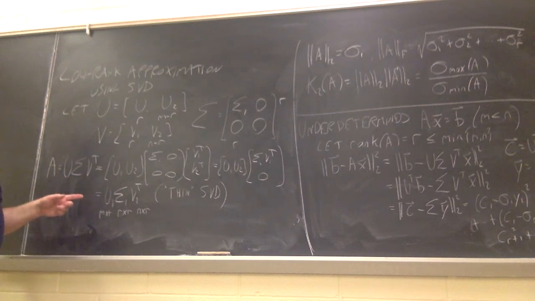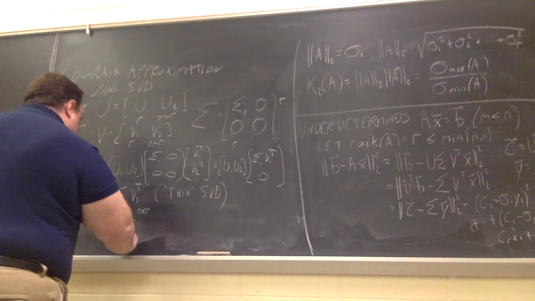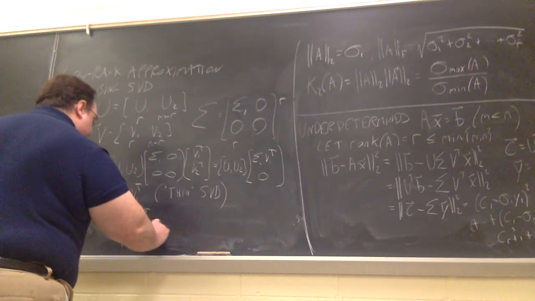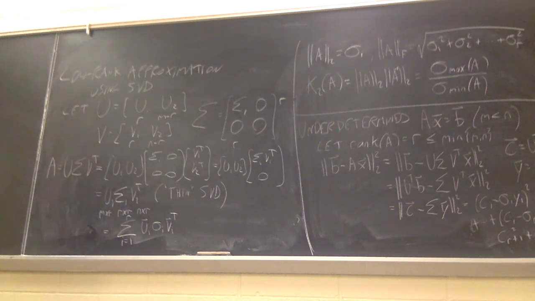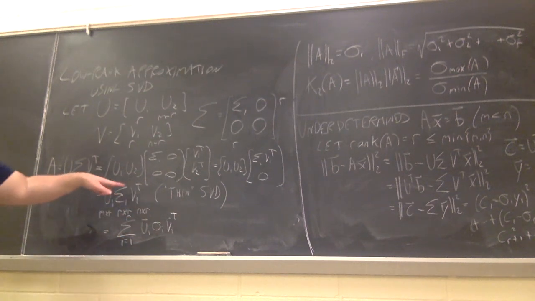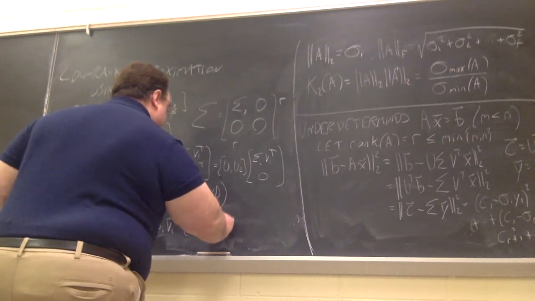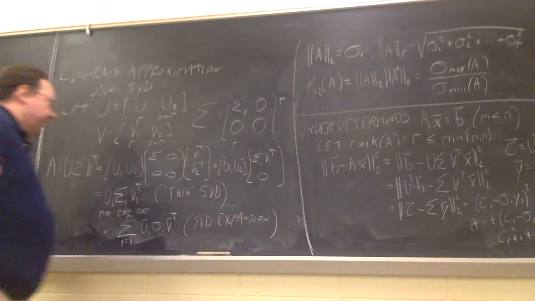I can write this out in terms of the appropriate left and right singular vectors of A and the first r singular values, as a sum from i equals 1 to r of u_i sigma_i v_i transpose. Now sigma_i is a number, so I could put it anywhere in here, but I want to preserve the order of how things are written here. This is called the SVD expansion.